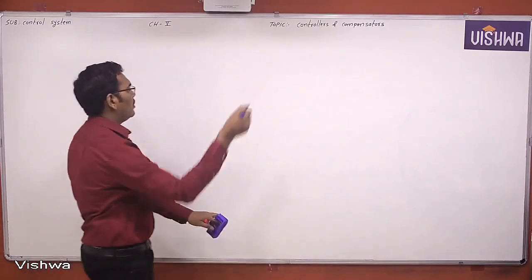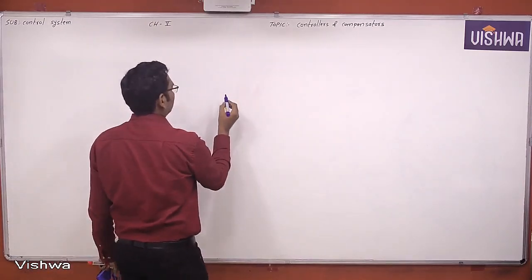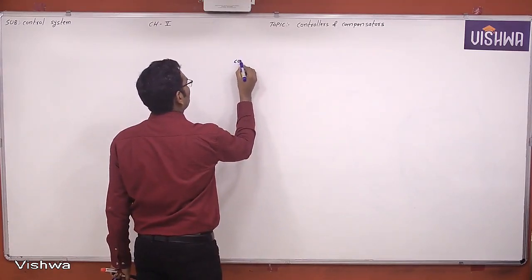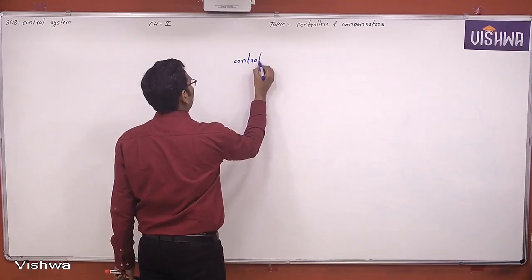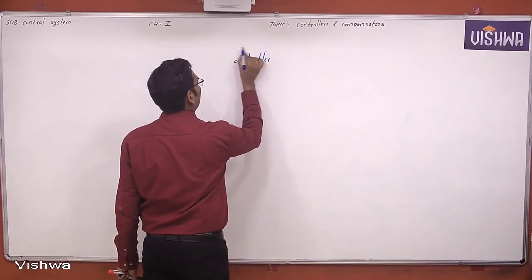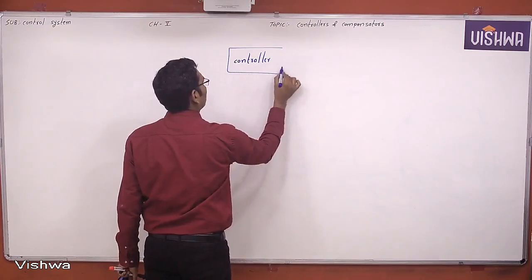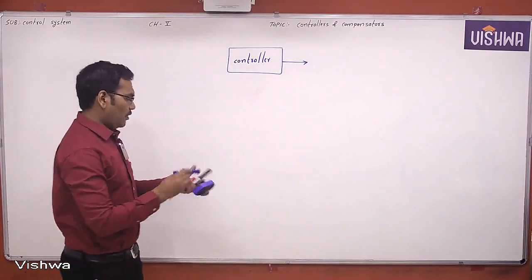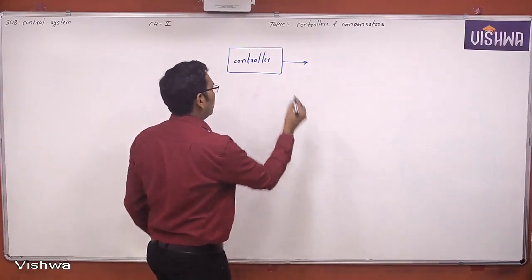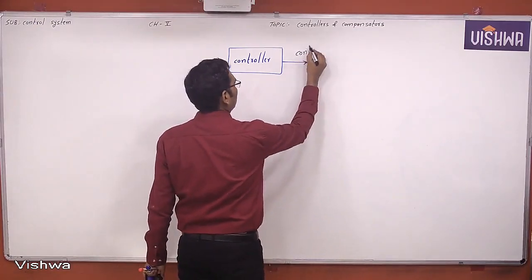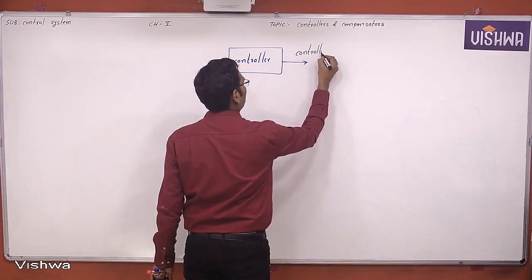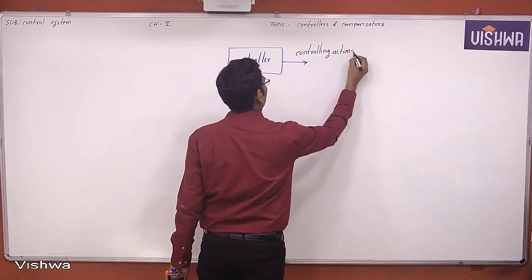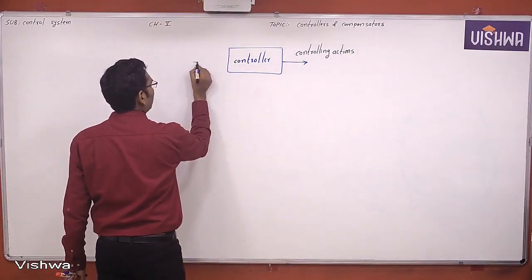Okay, now see here. Now I just give the first controller. This is the controller. Now the controller will produce controlling actions for the input.